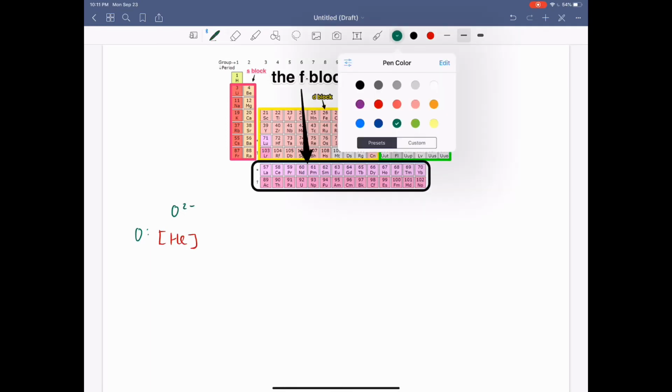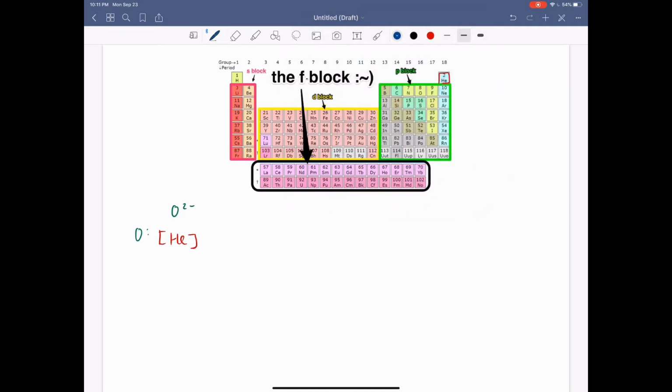And then after helium, we have these two, which is 3s2. Then we have everything up till here, which is 3p3. Let me just draw 3s2, 3p6.